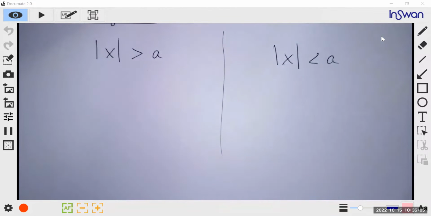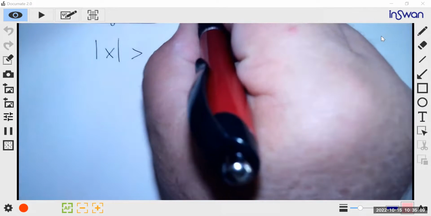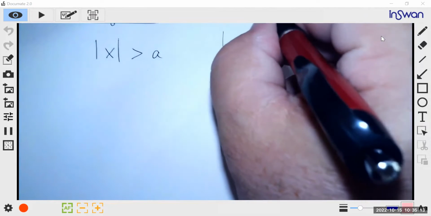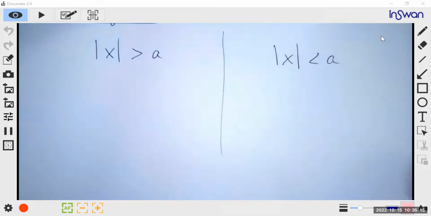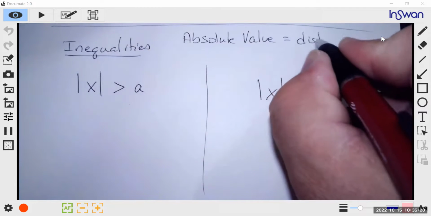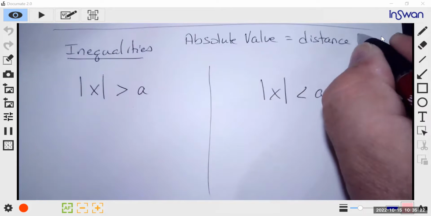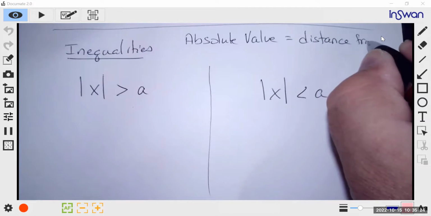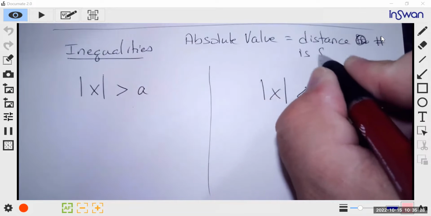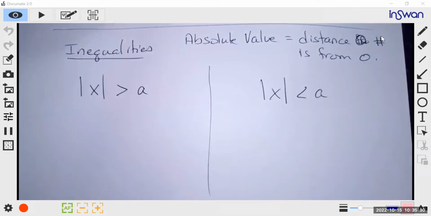Let's define what absolute values really mean. An absolute value is the distance a number is from 0.